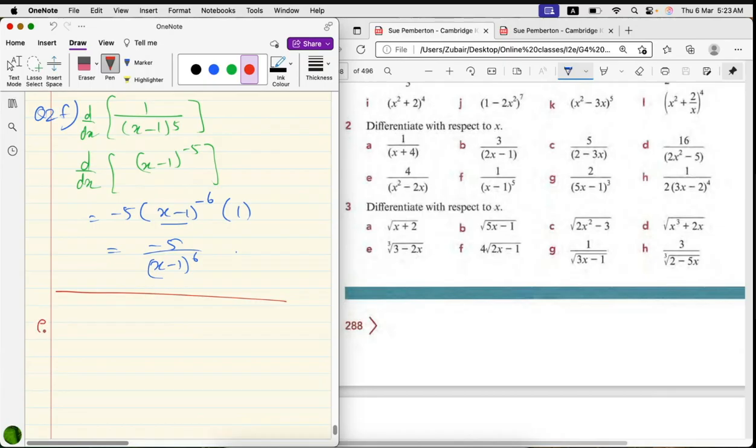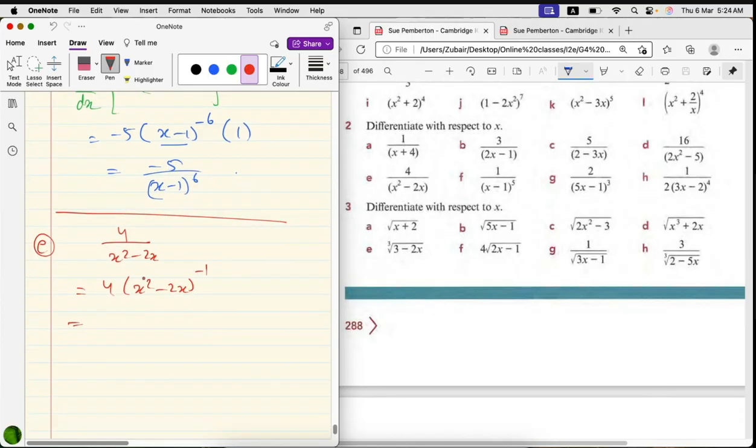Suppose E part: 4 over x square minus 2x. I'm rearranging it as 4 times (x square minus 2x) raised to power minus 1. Now I'm going to differentiate it.